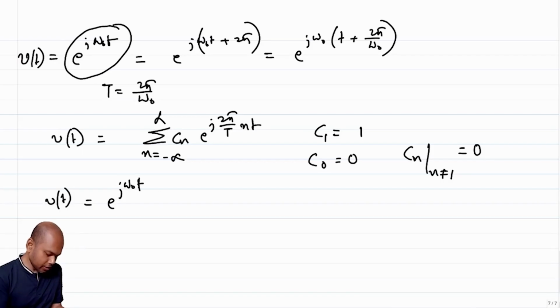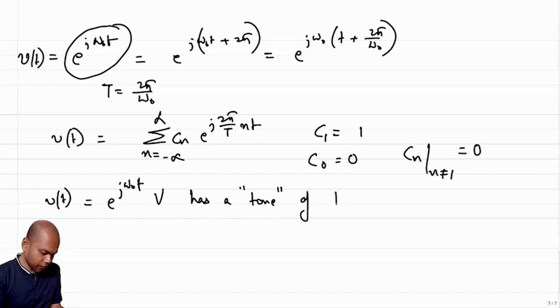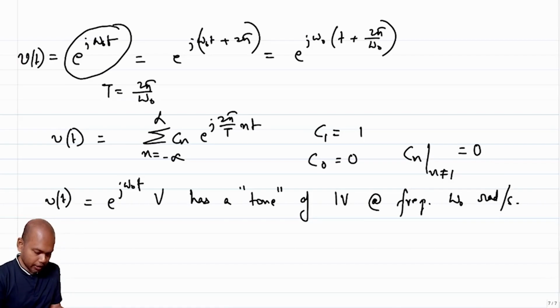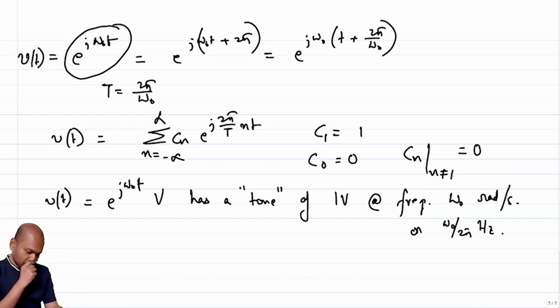If this is expressed in volts, it is a tone of 1 volt at frequency omega naught radian per second, or omega naught by 2 pi hertz, right?